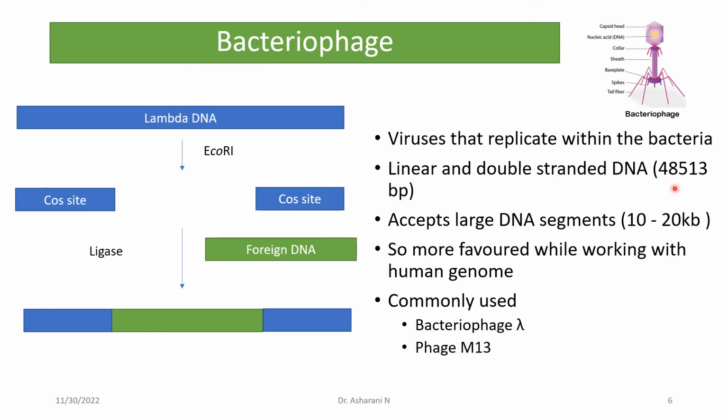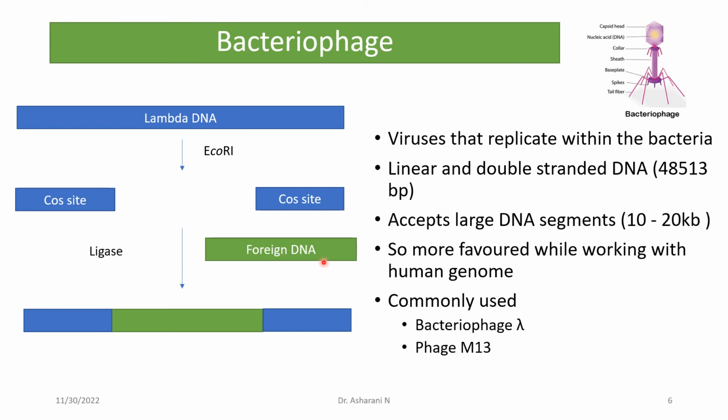One more feature which makes this a choice is the genome pattern. If you see the lambda phage genome, one third of this genome is not essential. So when we have such a feature, we can remove that and we can add the foreign DNA at that place.